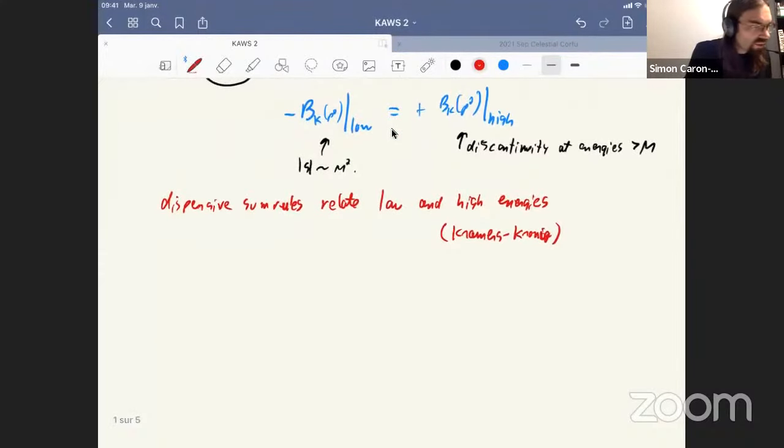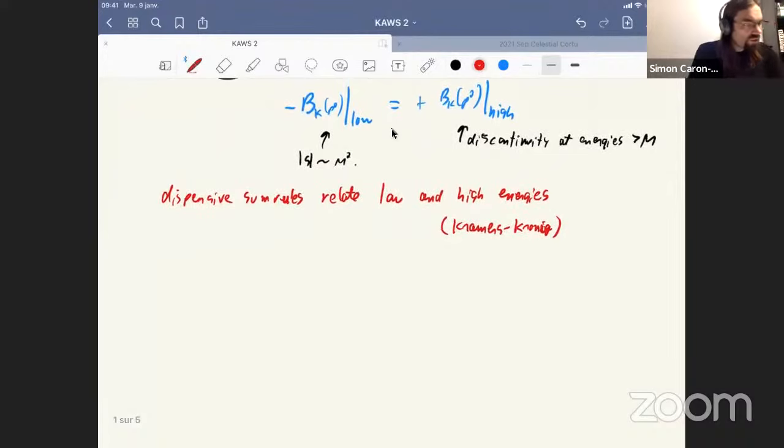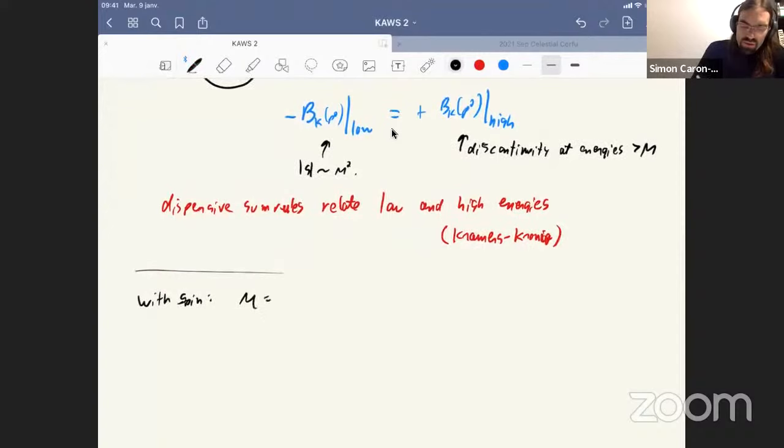Before we take a pause, let me make a brief comment about the spinning case. So in general, when you have spin, the amplitude itself, you could write as a sum of tensor structures with polarizations. Let me just call it polarization structures.